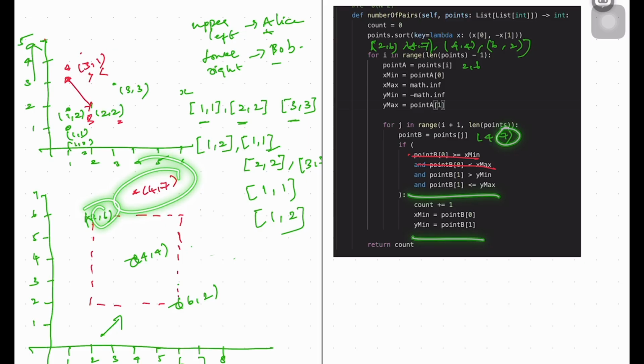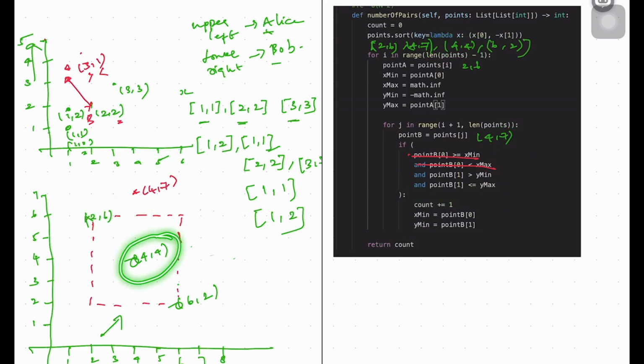No. Next it will come to 4 comma 4. 4 comma 7 is outside, greater than 6, because Alice should be on the upper left and Bob on the lower right, and this is on the upper right, not the lower right.